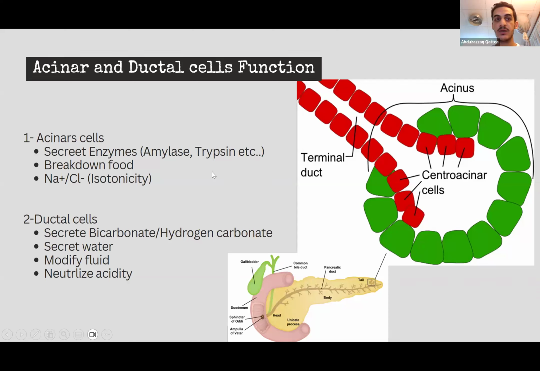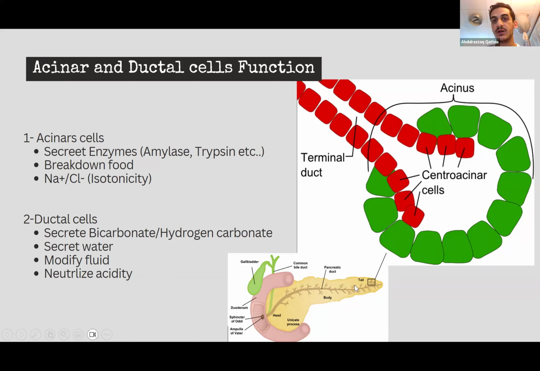There's no difference. What happens is that when the acinus secretes its enzymes, the bicarbonate comes from the ducts, and it will also modify everything in the duct. So another function of the ductal cells is to modify the fluids.